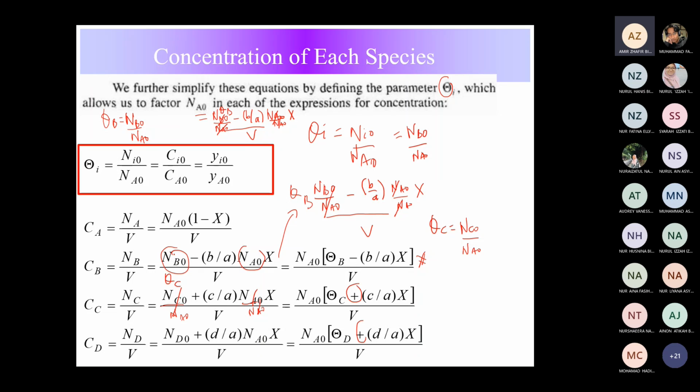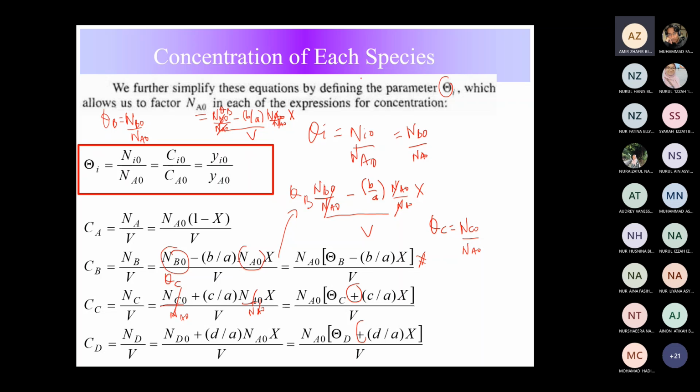Mana kerja doktor, saya tak nampak. Okey, sekarang ni kerja saya sini. Okey, nak tengok yang mana? Ni. Saya nak tanya yang NB naught tu, NB naught over NA naught. Yang sebelah dia ni. Yang question tu. Macam mana boleh jadi NB naught tu boleh jadi QB?